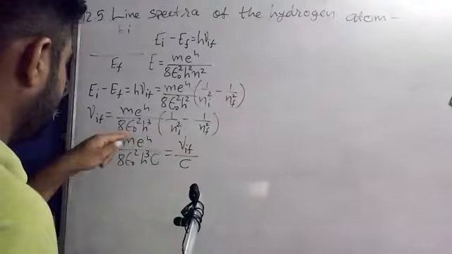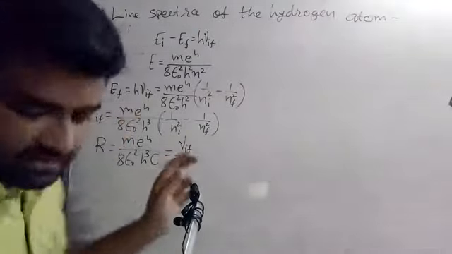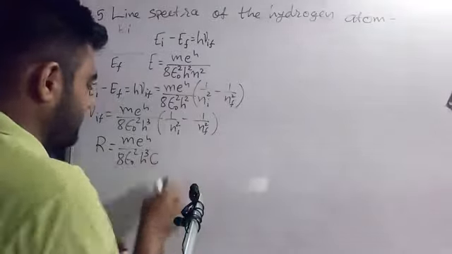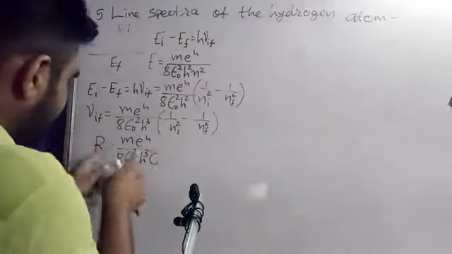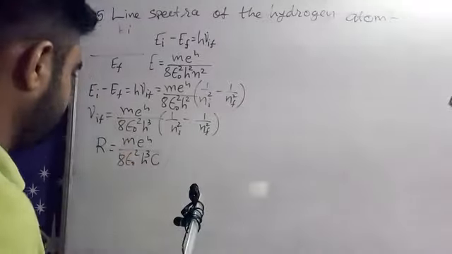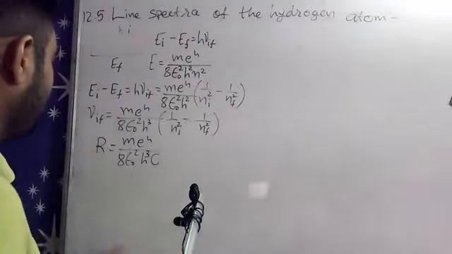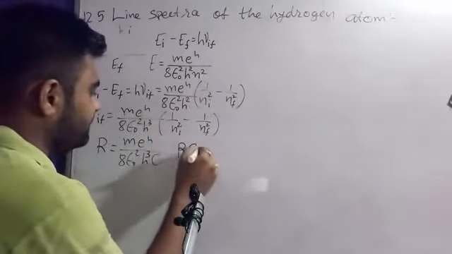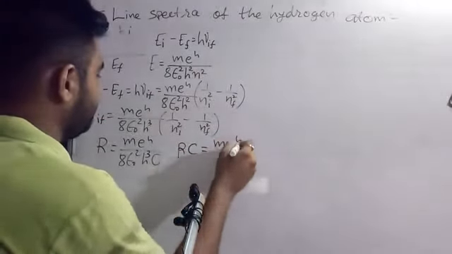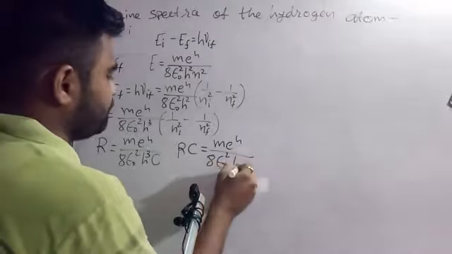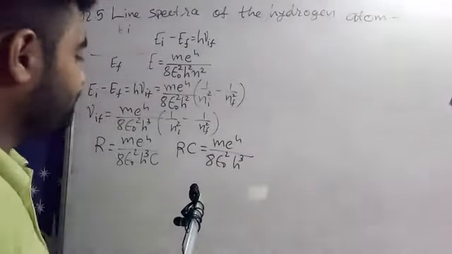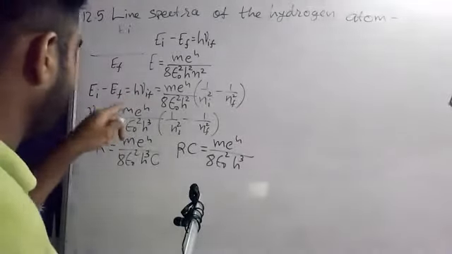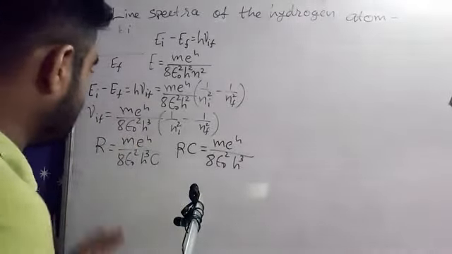So R is this fixed formula. R is a constant, so these are all constants. R into c is equal to this constant m e raised to 4 upon 8 epsilon 0 h cube. That's our R into c. But if I want to write this in the form of R, I have to write R into c both.